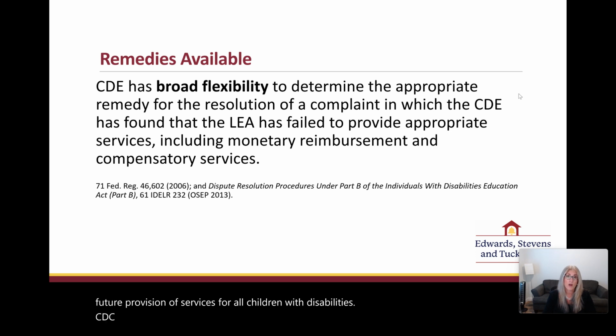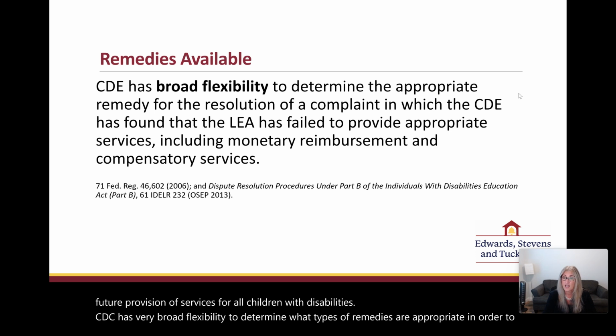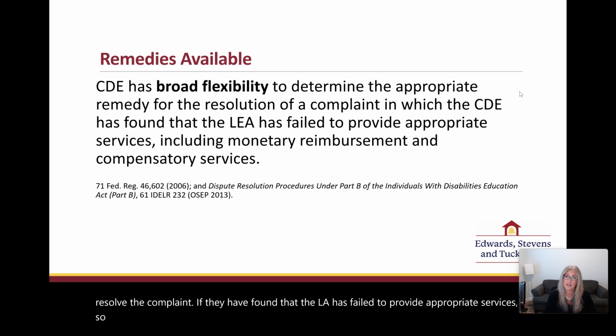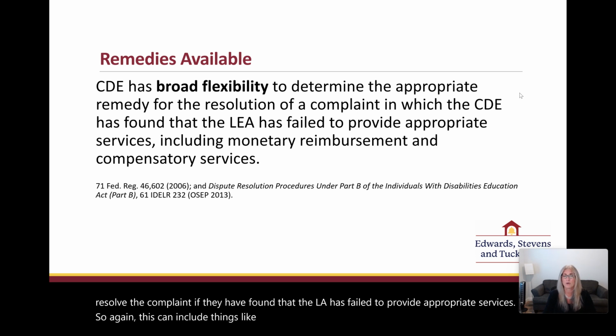CDE has very broad flexibility to determine what types of remedies are appropriate in order to resolve the complaint, if they have found that the LEA has failed to provide appropriate services. So again, this can include things like monetary reimbursement or even compensatory education services.